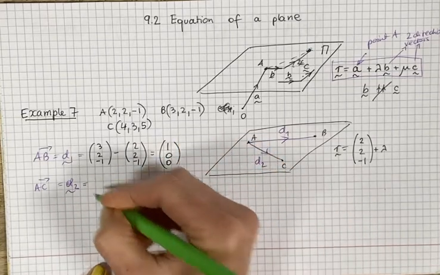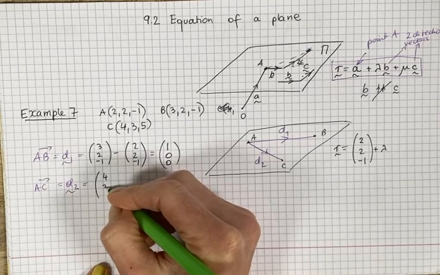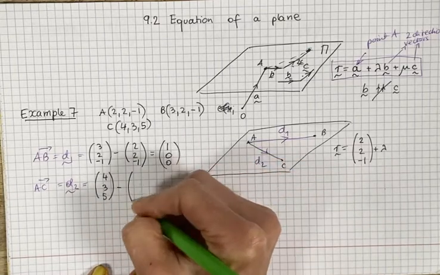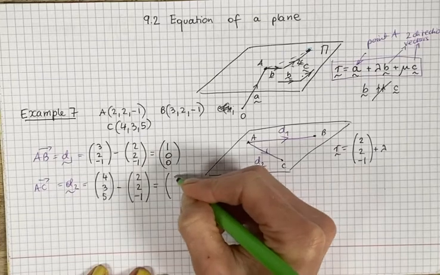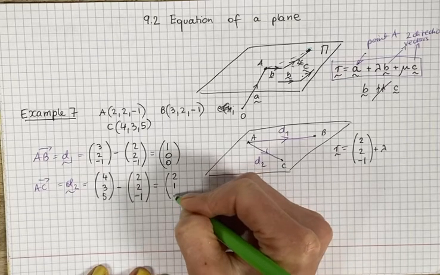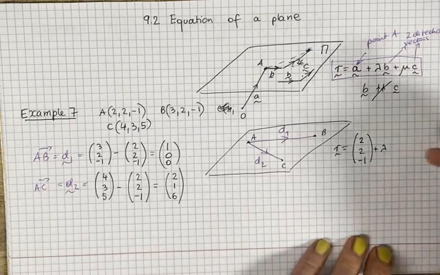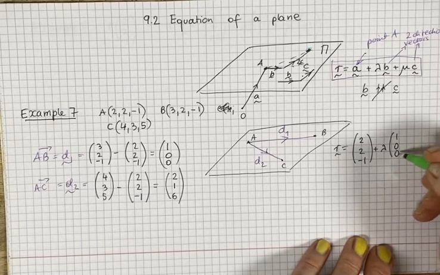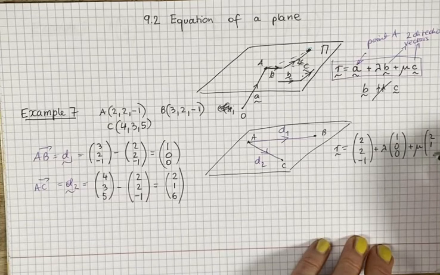That's the first direction vector. The second one is the position vector of C, which is 4, 3, 5, and you're subtracting the position vector of A, 2, 2, minus 1. The answer you're going to get is 2, 1, 6. So let's put those direction vectors here. It's going to be lambda (1, 0, 0) plus mu (2, 1, 6).